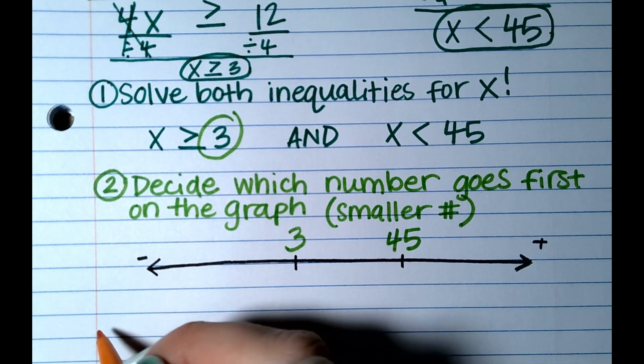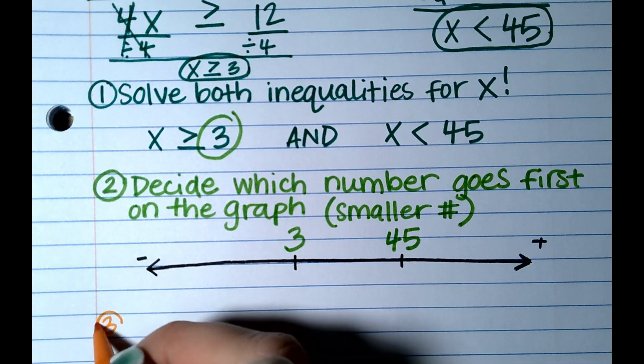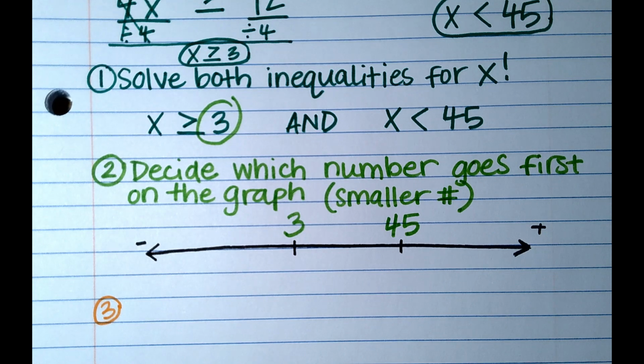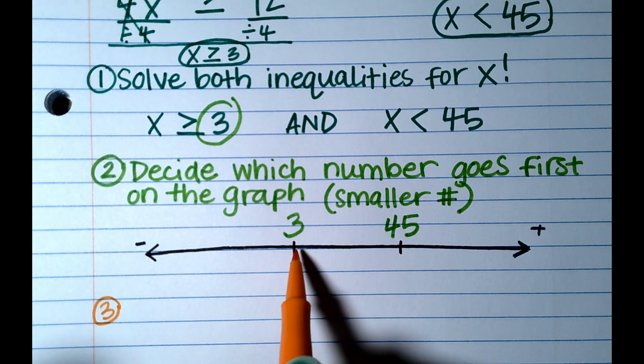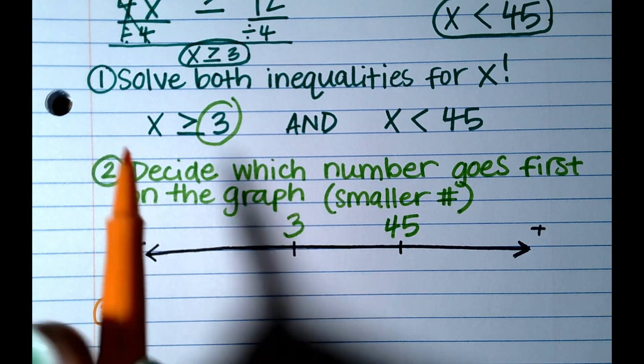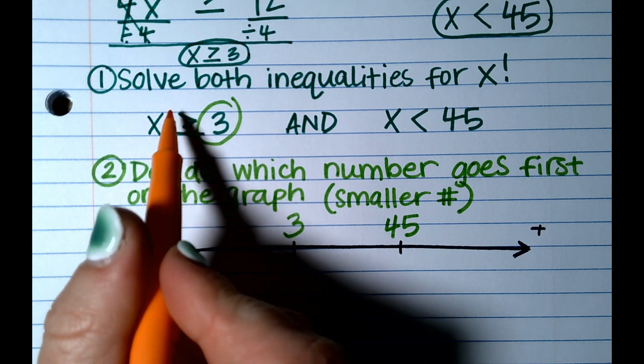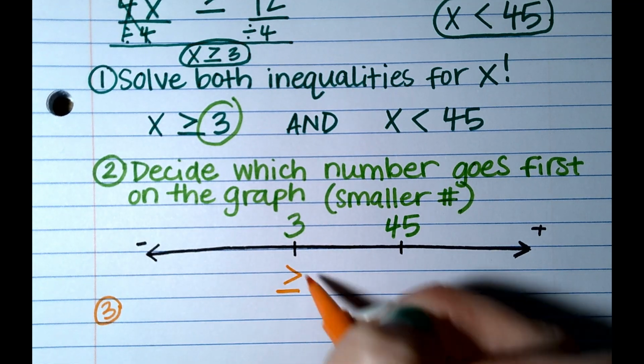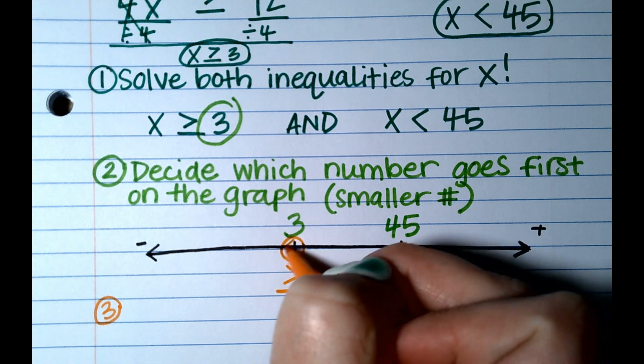So let's see, what do you think step number 3 might be? Yes, we need to choose if we need to color in our circle or leave it open, and you are correct. We have greater than or equal to. That greater than or equal to tells us we're going to color it in.